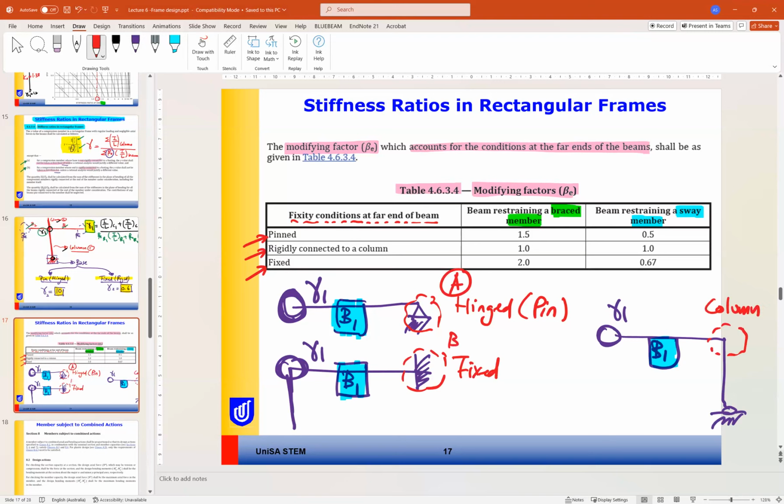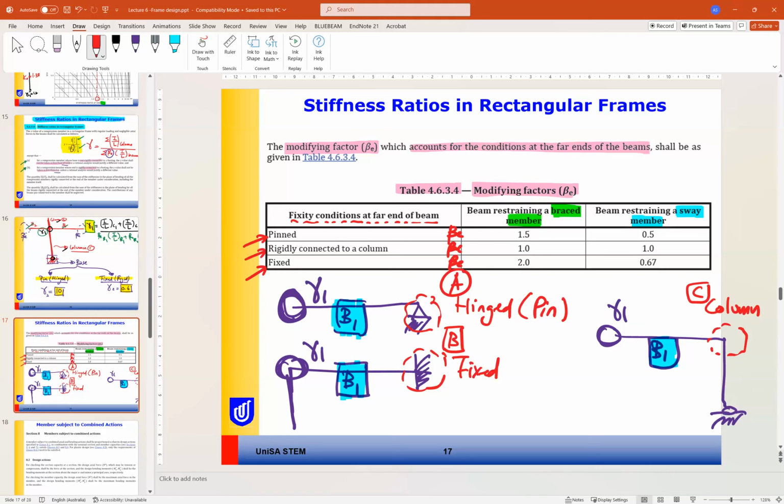So A, B, C. The standard mentions, if the other end of beam B1 is hinge, beta effective will be 1.5 or 0.5 based on the column braced or unbraced.